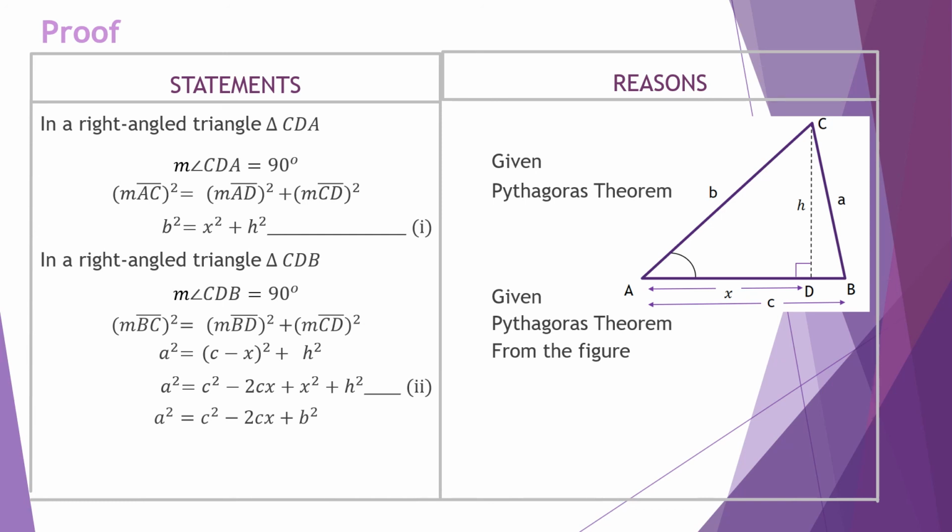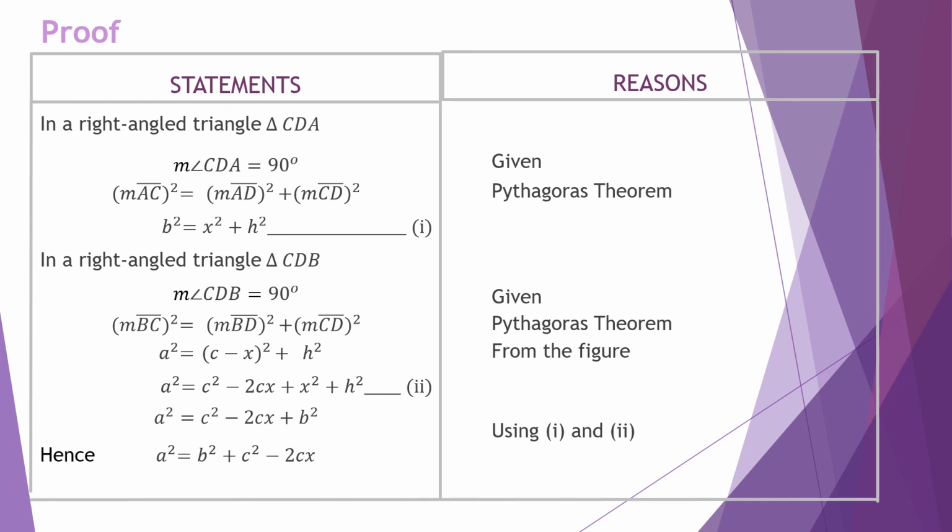Now we will replace the value in terms of a, b, c, and we get measurement BC whole square is equal to measurement AC whole square plus measurement AB whole square minus 2 measurement AB into measurement AD, which is our required result.